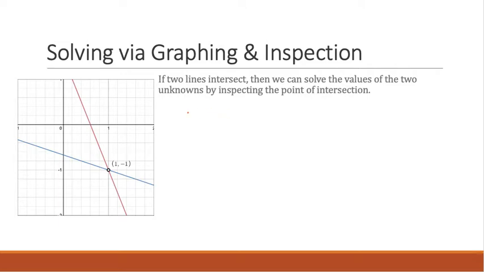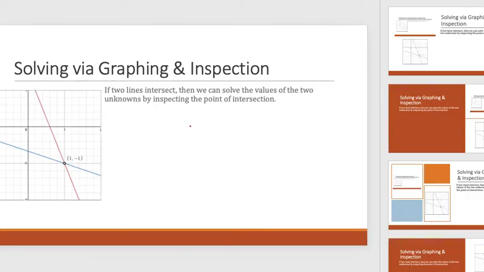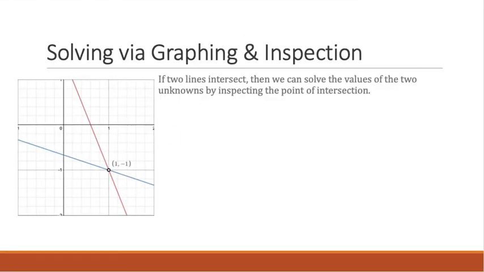So going downwards, what we're trying to do is solve via graphing and inspection. If we graph two particular lines, say this red line was y equals negative 3x plus 2, and this blue line was, say, y equals negative 0.5x plus negative 1.